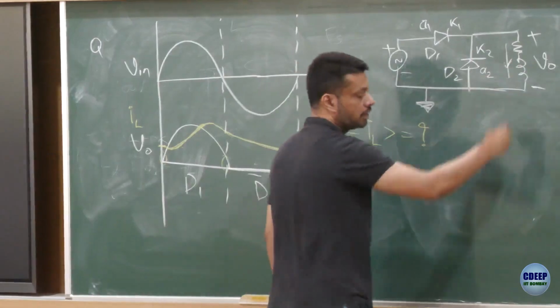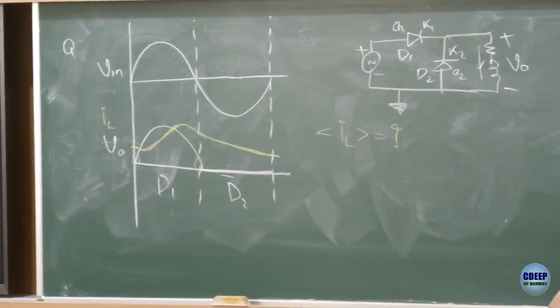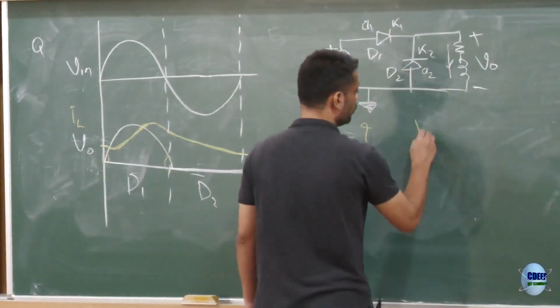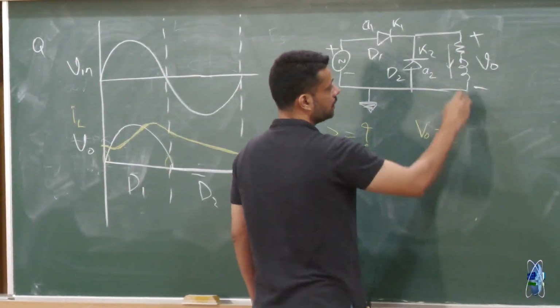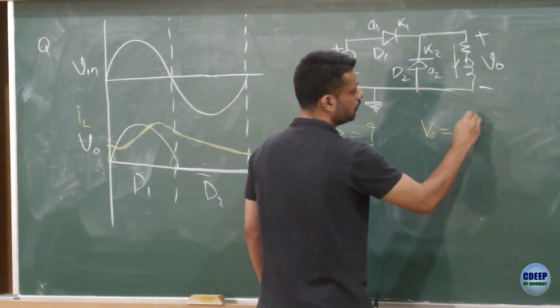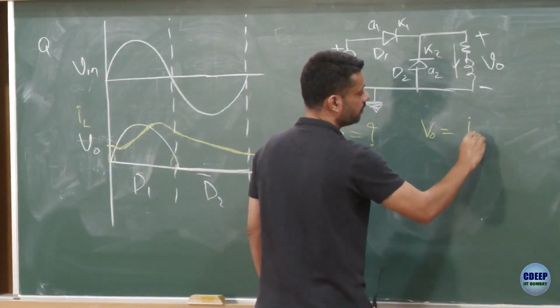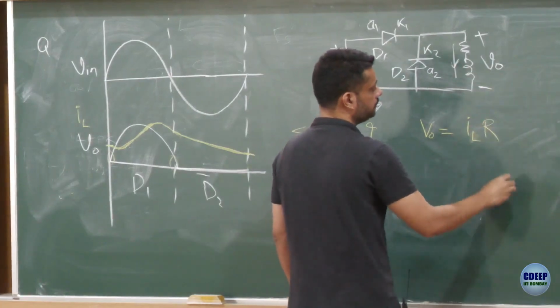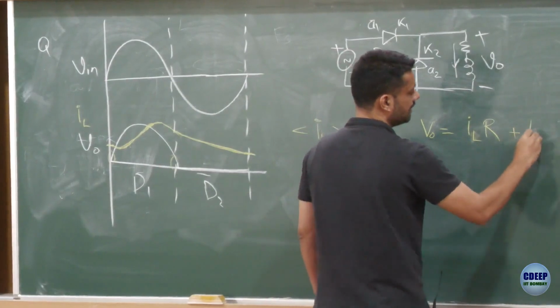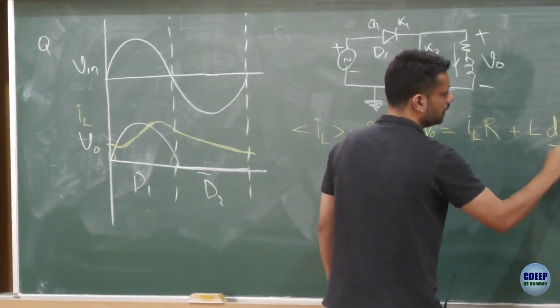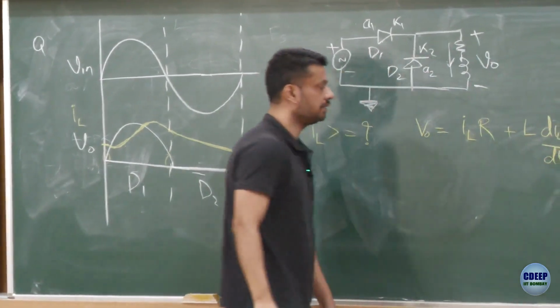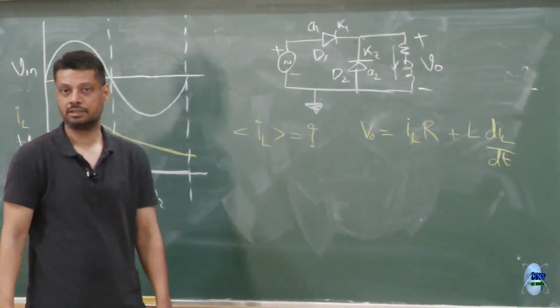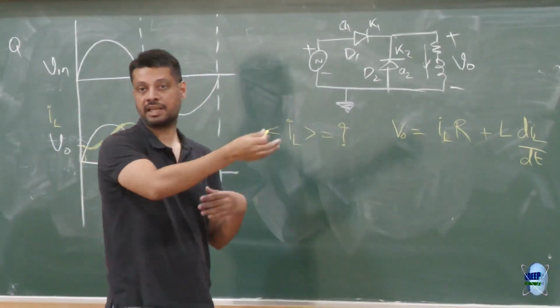You write Kirchhoff's voltage law and you can say that the output voltage is equal to I_L times R plus L times dI_L by dt, right? You can write the output voltage as this. Do the average on both sides, right?